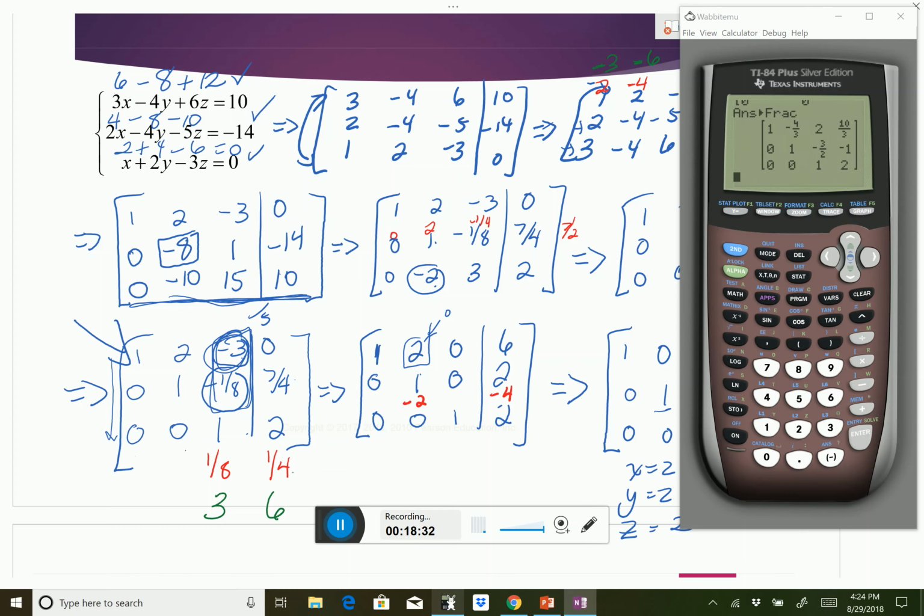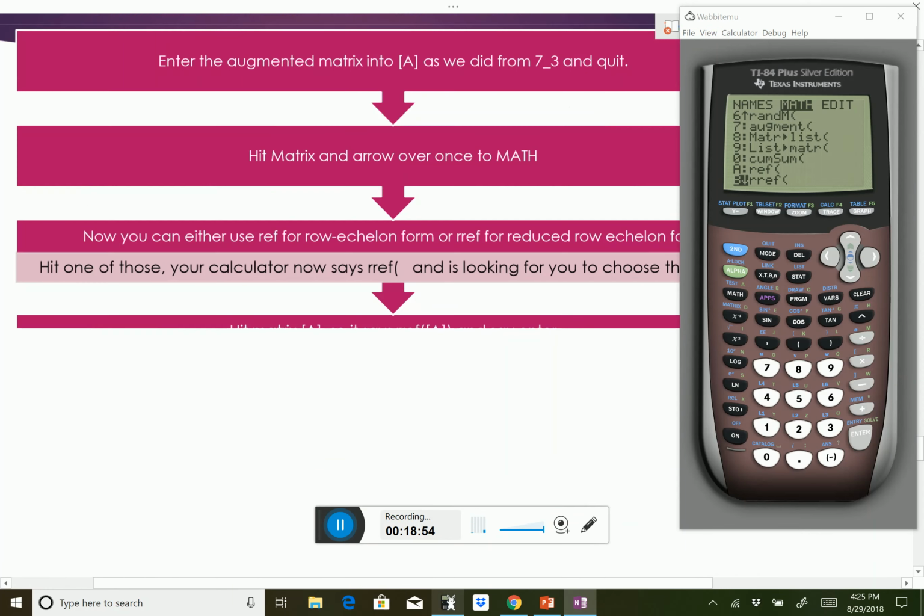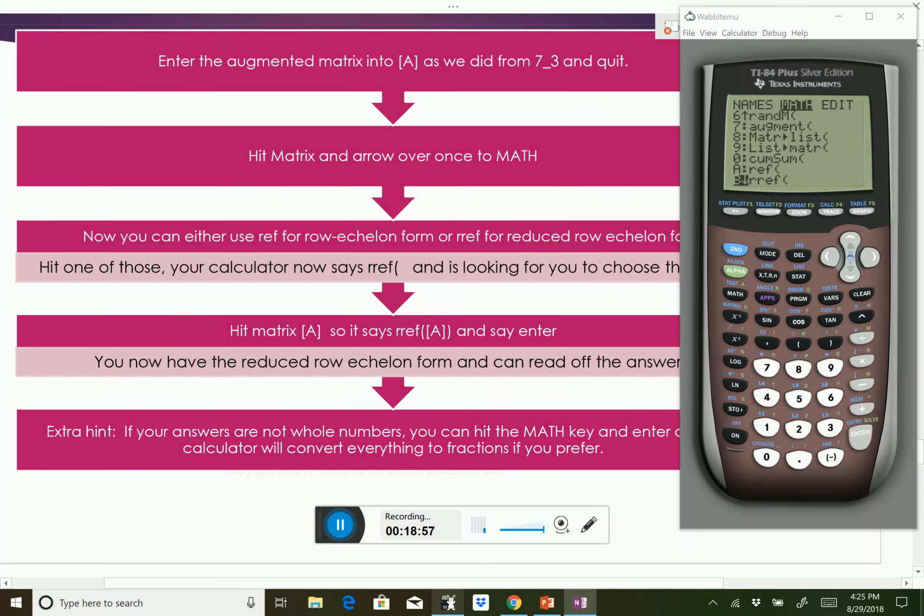Now, I can also hit second matrix, go to math. If I use RREF, which is reduced row echelon form, that's what RREF stands for. Let me move this up here for you guys. Okay. Now, if I pull up matrix A, watch what happens.